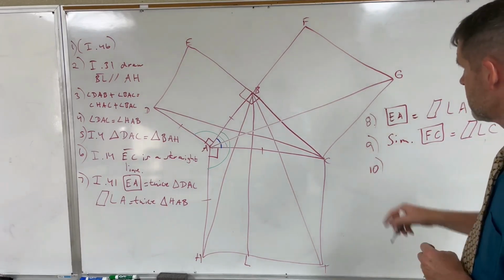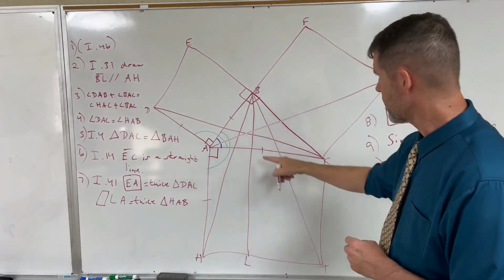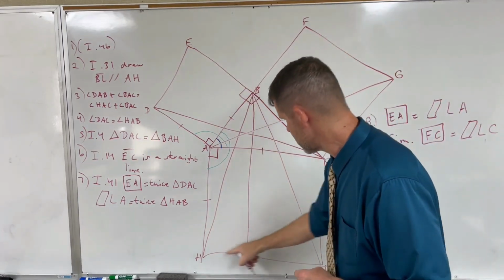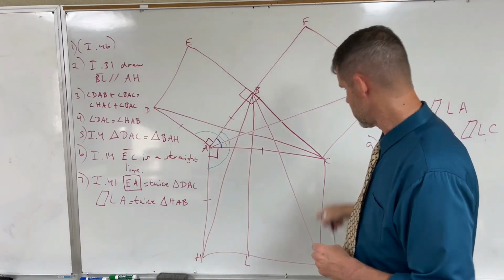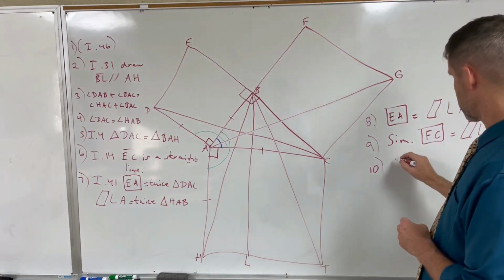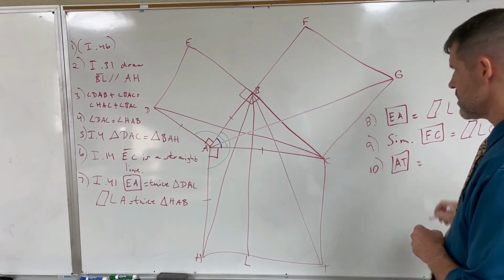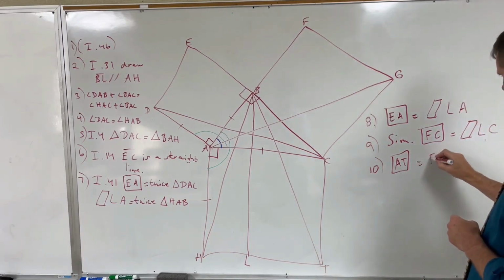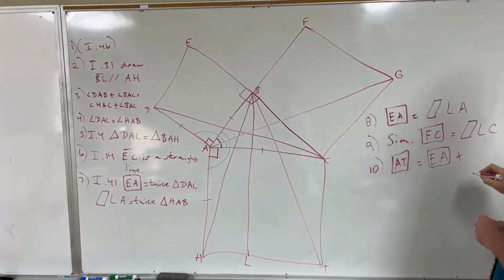Which means that since this square here, FC, is equal to this parallelogram right here, and the square EA is equal to this parallelogram right here, and those two parallelograms comprise the big square AT, that means that the square on AT is equal to the squares on EA and FC.